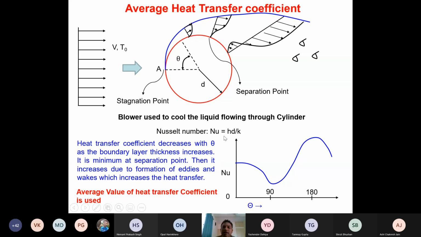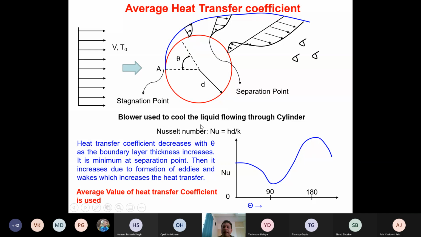Here you can see the Nusselt number is defined as hD by k. Here h is the parameter which is varying as we are moving along theta. D is constant, which is nothing but the diameter of the cylindrical pipe, and k is nothing but the thermal conductivity, which is also a constant.